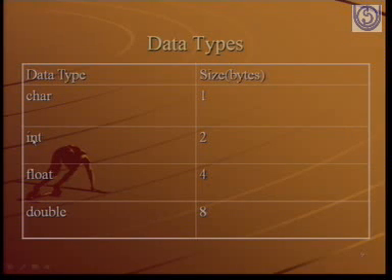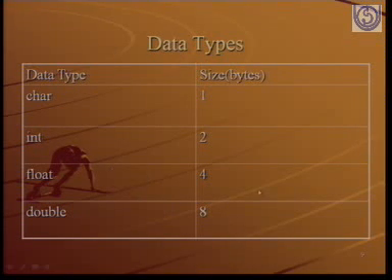Integer is of size 2 bytes, so it can store a value in 16 bits. Similarly, float can store a value in 32 bits. And double is 8 bytes, so it can store a value in 8 into 8 bits.